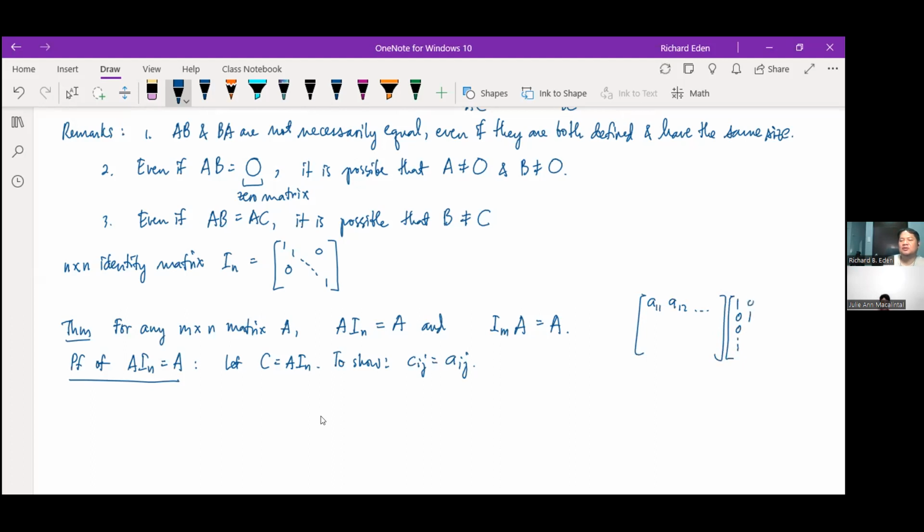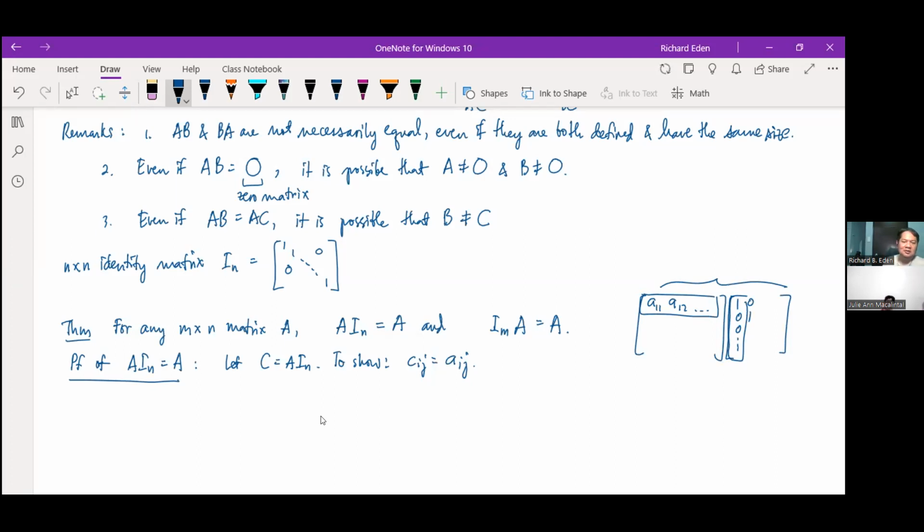Maybe you don't even have to solve for it kasi after all in the theorem we're already making a claim that A I sub n is equal to A. So all you really got to do is on the left side multiply A times I sub n. So kumbaga, just carry out this multiplication here. Pero actually, pwedeng i-argue na, pag i-multiply here, the only thing that's left is A sub 1 1. So in the end, on the right side, you end up writing all the entries of matrix A.